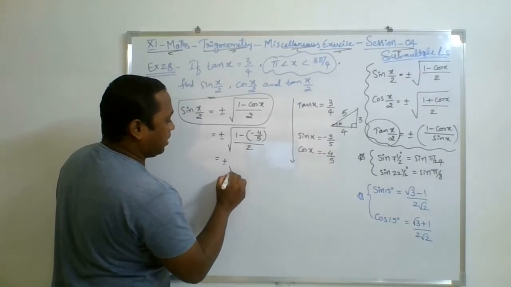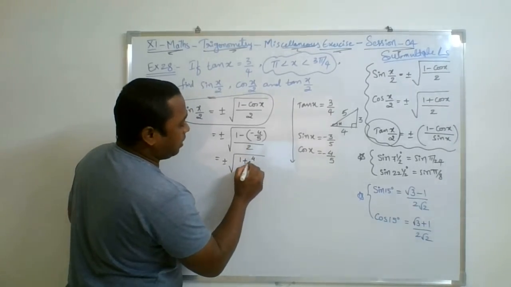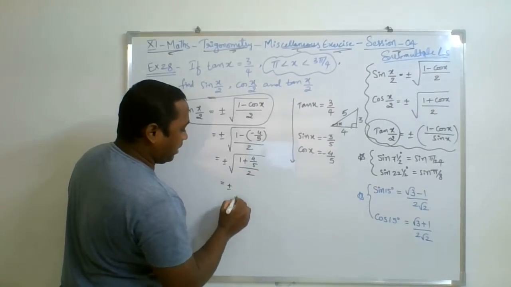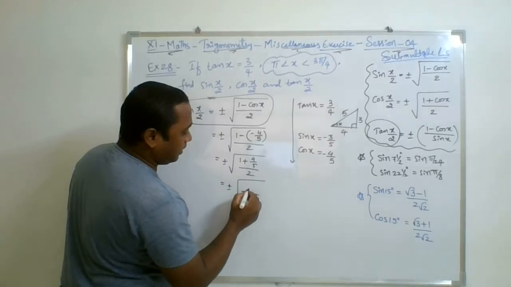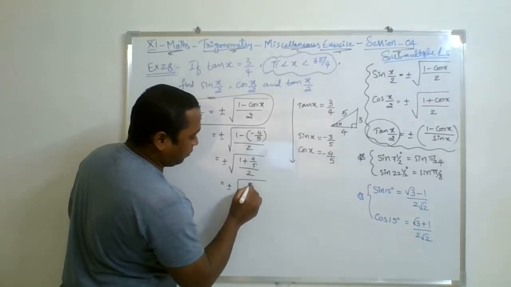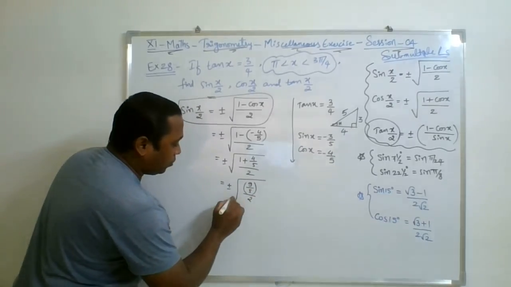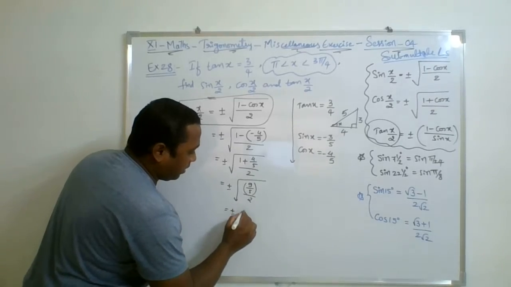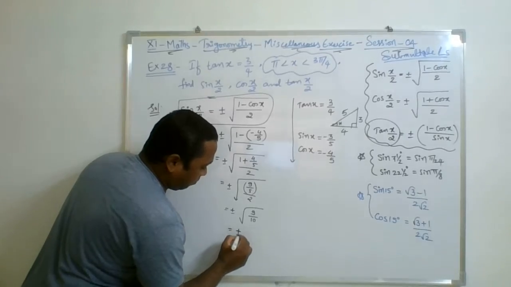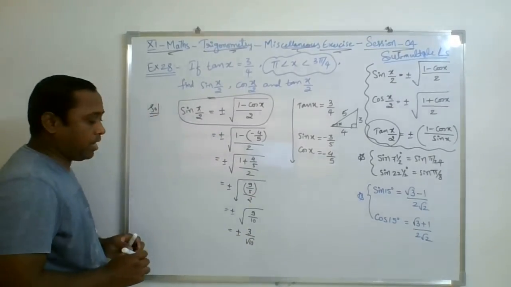So minus into minus becomes plus 4 by 5. Now the LCM would be 5. 5 plus 4 is 9, so 9 by 5, and 9 upon 5 by 2 gives plus minus under root of 9 upon 10. Plus minus 3 upon root 10, because 9 is a perfect square number.